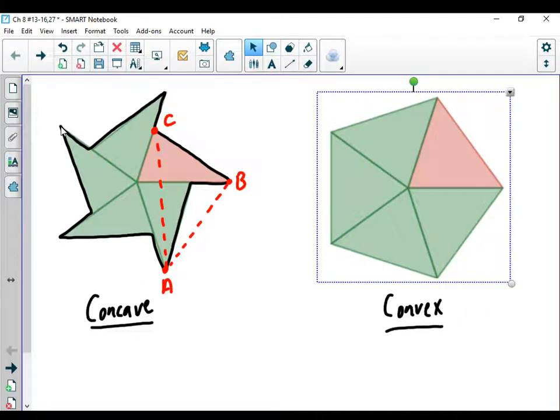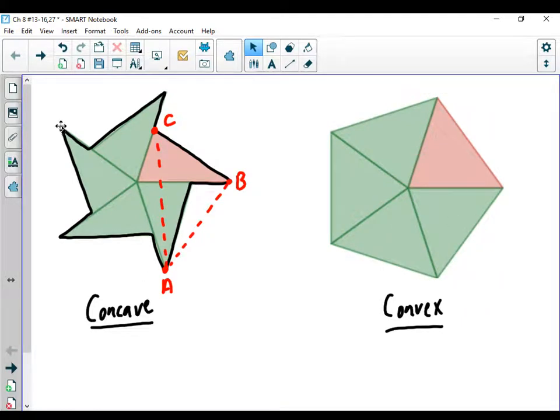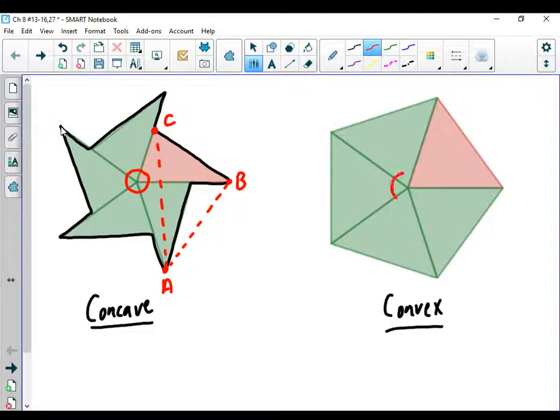In both cases, though, they were created with triangles where all of those triangles fit in the middle, essentially creating 360 degrees. The key to this was, if I'm going to make a convex polygon, not only do those angles have to fit together, in other words, you had to be able to take 360 divided by how many you were dealing with.